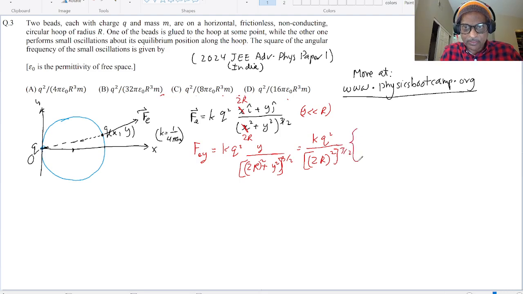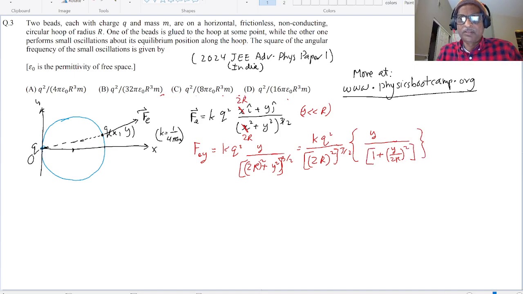You pull that out, and over here you have y over 1 plus y over 2r, squared, to the 3/2. We can do nothing with this, we just pull it over here.